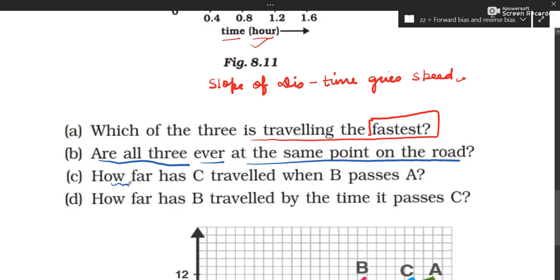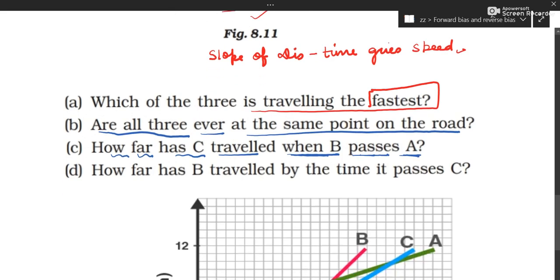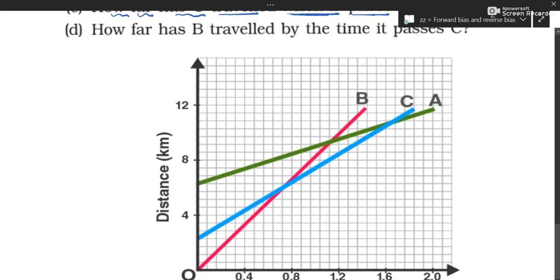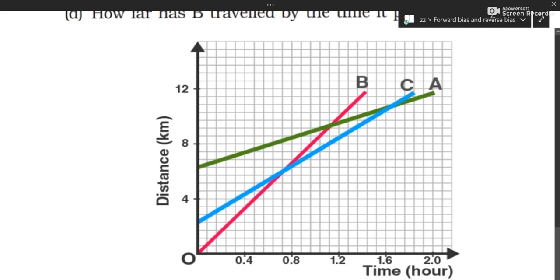This is the third question, we all will understand very properly. How far has C travelled when B passes A? So the question is very nice. Let us see. This is a better diagram. We can look here, everyone.